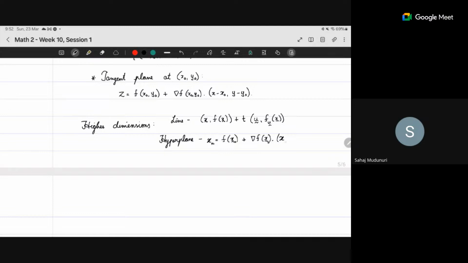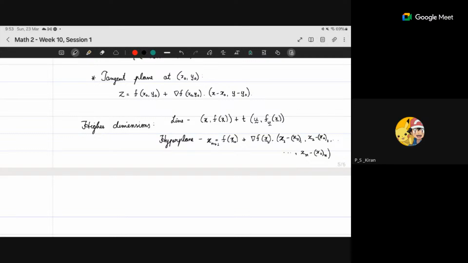So this will be x1 minus x naught 1. There should be a better way to write this, but hopefully you understand, right? It's just like x minus x naught, y minus y naught. In the 3-variable case you'll have x minus x naught, y minus y naught, z minus z naught. In higher variables, you'll have x1 minus x naught 1, and so on. For the particular point, you'll subtract from a variable.